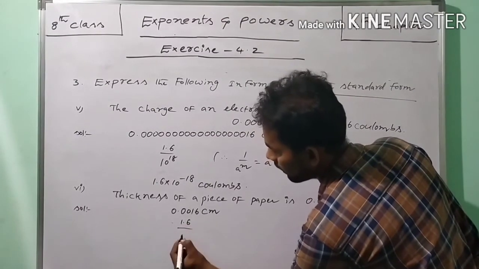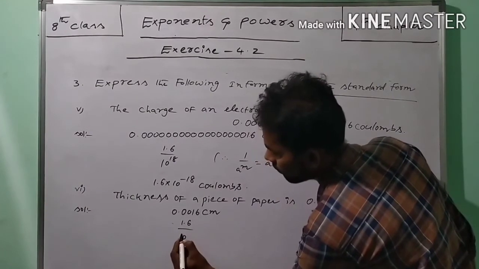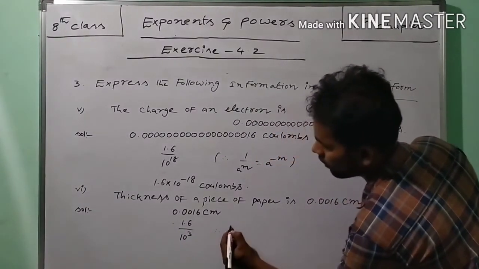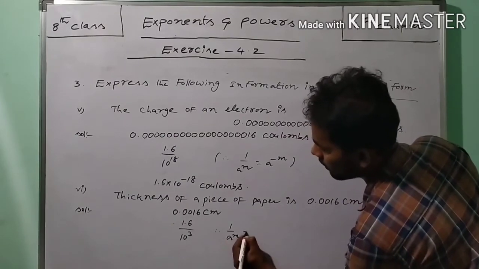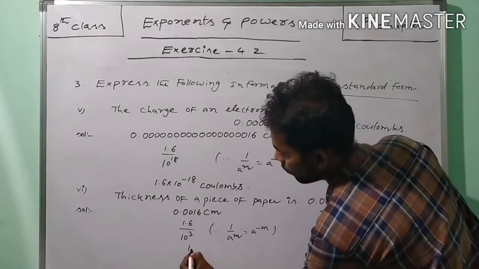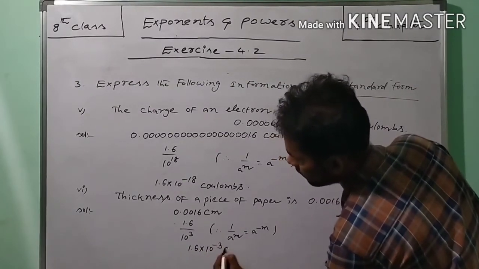So 1.6 by 10 to the power of 3. Therefore, 1 by a power of m equals a power of minus m. So 1.6 into 10 to the power of minus 3 centimeter.